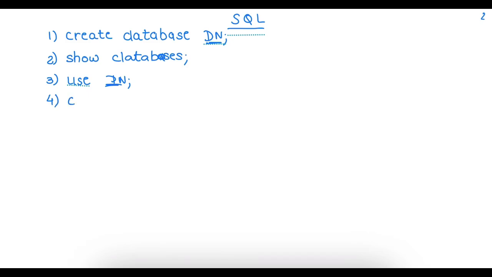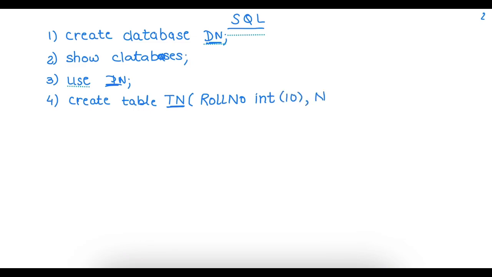Now next query is creating a table. So we will write create table, then table name according to you, then bracket start, then first is column name. You can write it like this, roll number, and data type will be int, size can be 10, 15, 20.